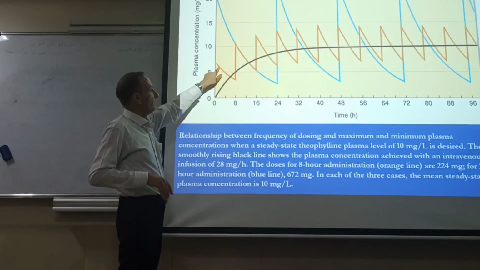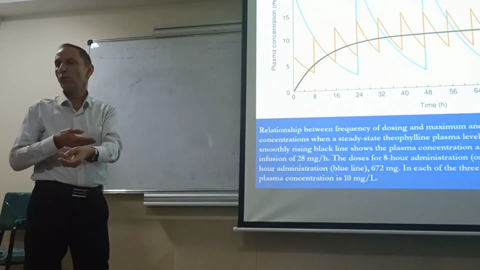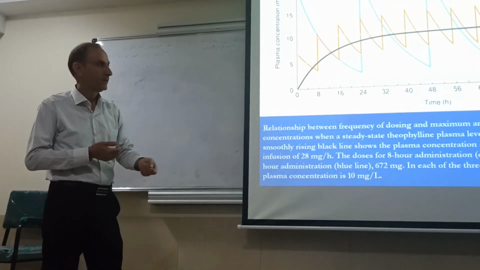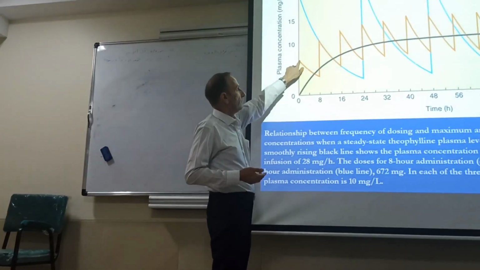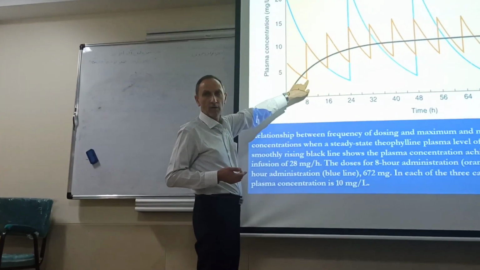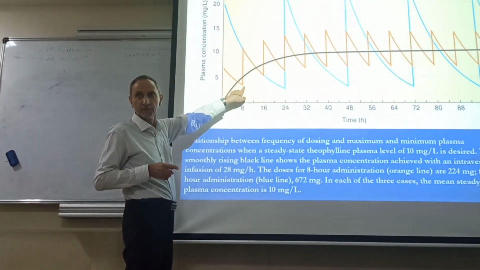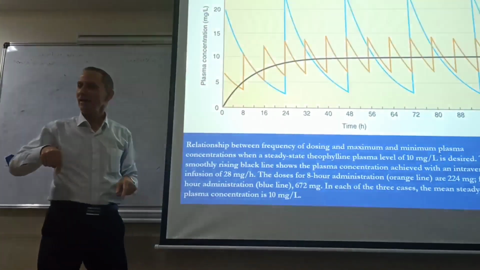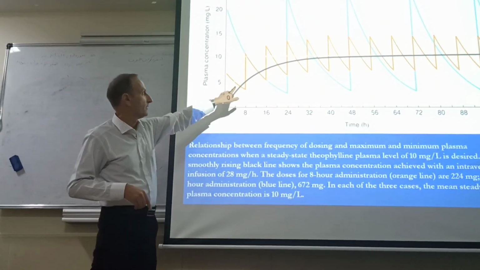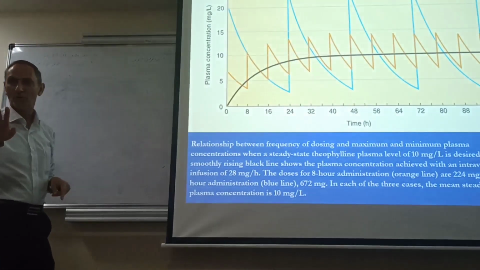Here, we have used the drug by IV or bolus IV. We have injected IV. Here, we have the initial concentration. After one half-life, or after 8 hours, we have this concentration. Again, we inject the drug, so we have a new maximum.